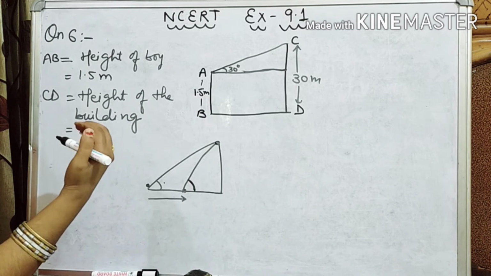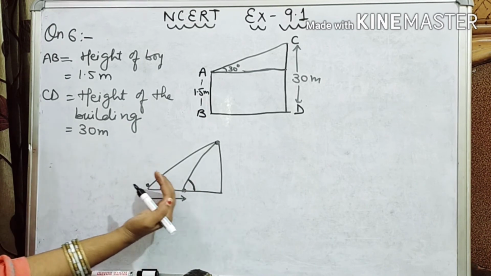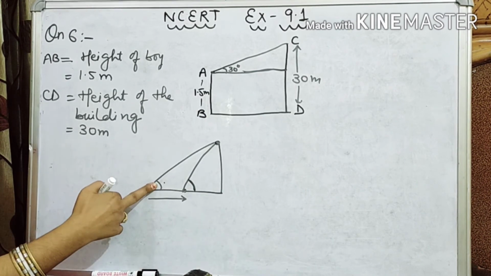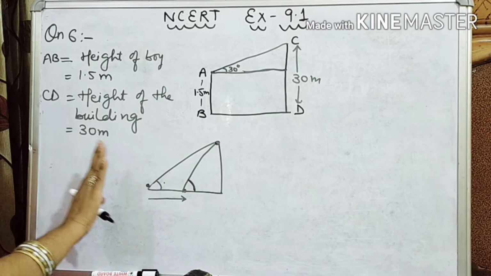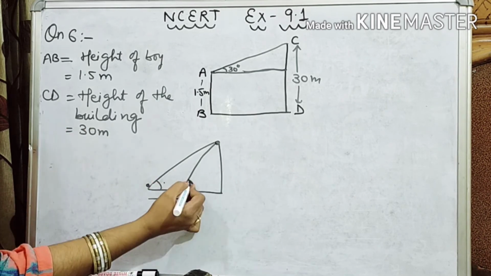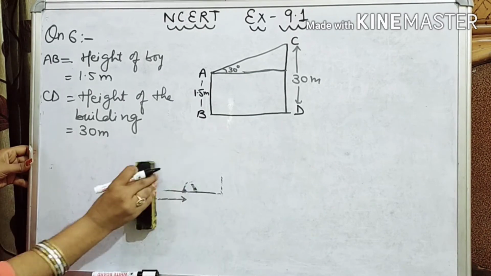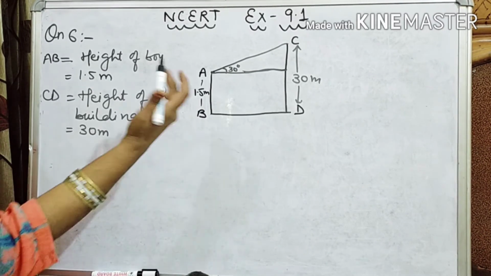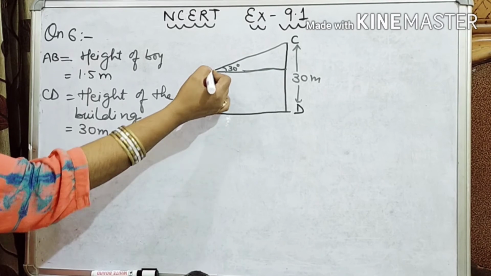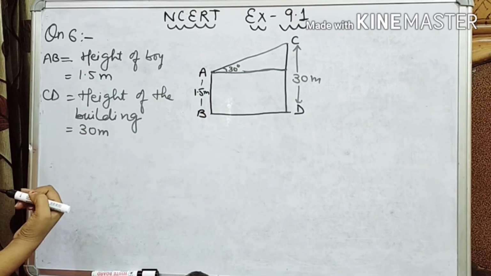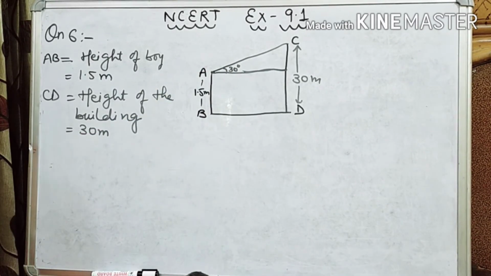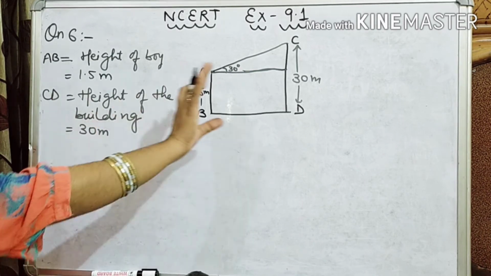If we are moving away from the object, the angle will always decrease, and if we are moving towards the object, the angle will always increase if you are observing the same point. That's why here, if the boy is observing the point C at an angle of 30 degrees, the angle changes to 60 degrees when he moves towards the building.